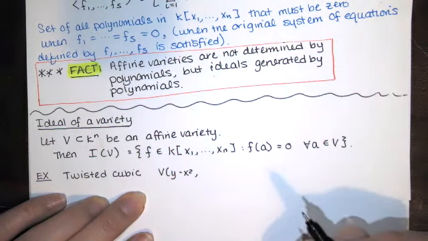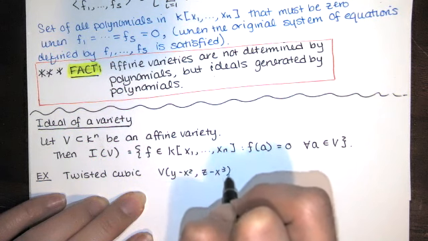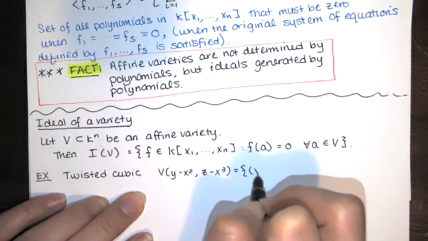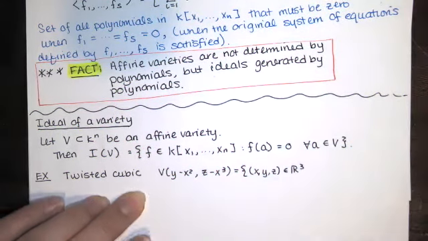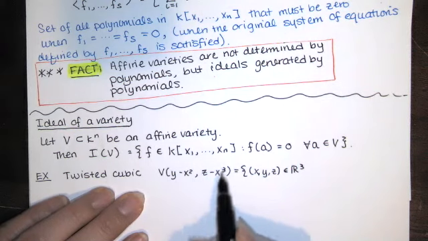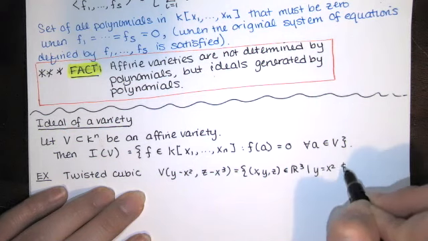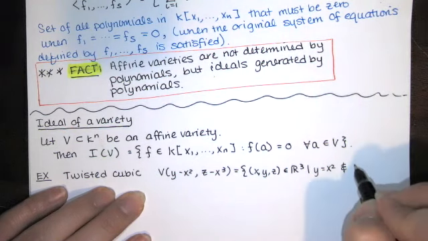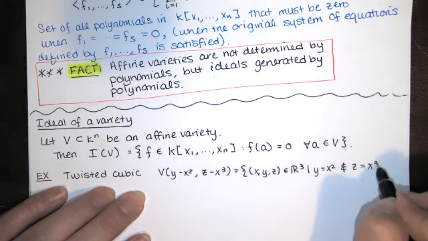It was defined by the functions y minus x squared and z minus x cubed. So this is the set of all points in three-dimensional space such that this polynomial is 0 and this polynomial is 0. If I add the x squared to both sides, I get that. And if I add the x cubed to both sides, after I set that equal to 0, I get that.